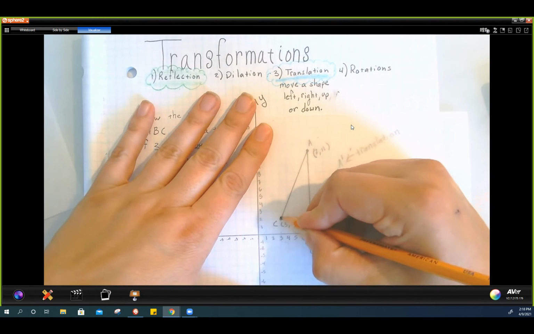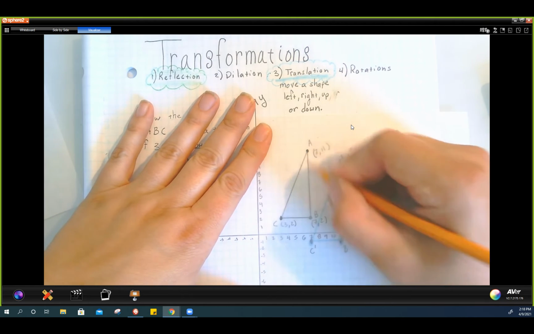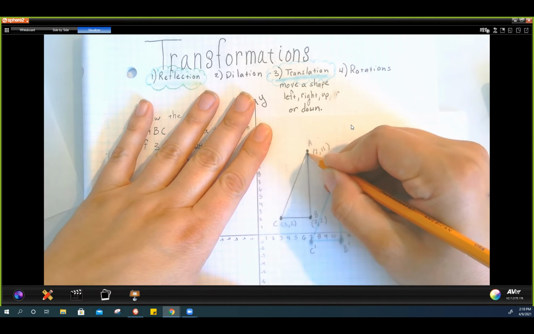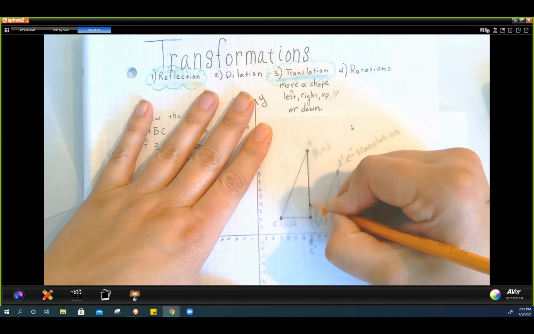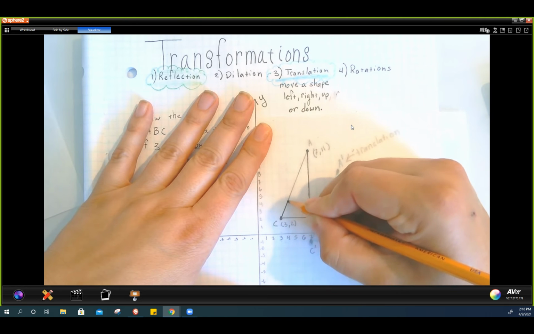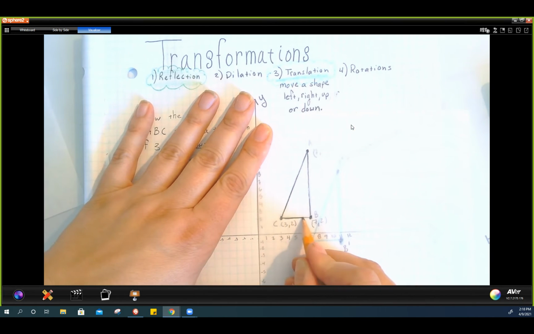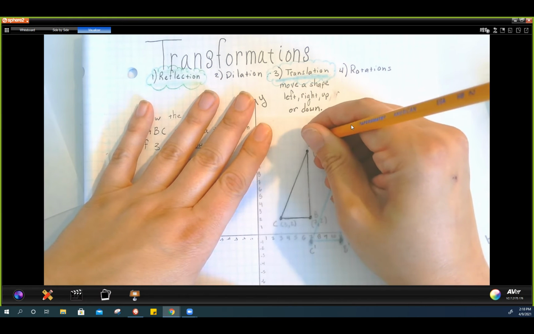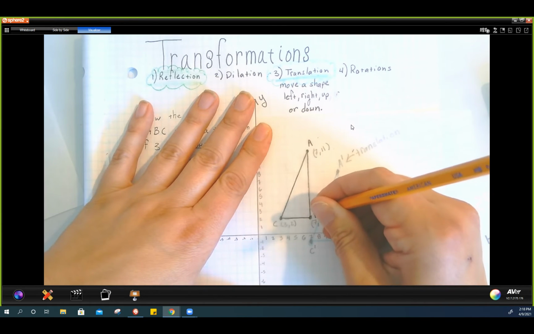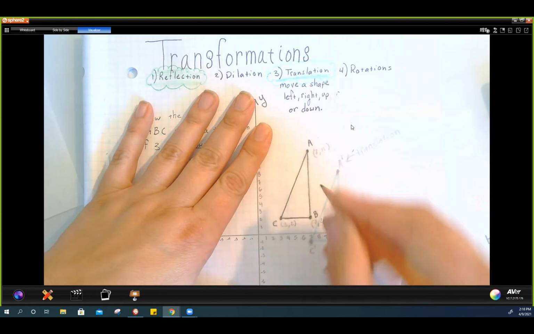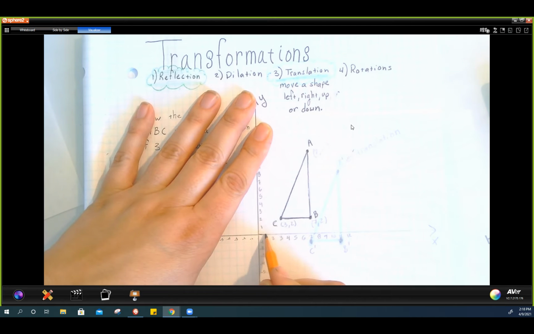I'm going to go ahead and draw my triangle really quick. I'm going to draw my x-axis because that's going to be my line of symmetry.